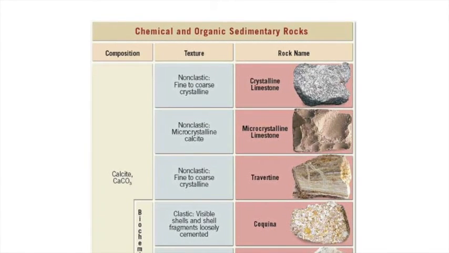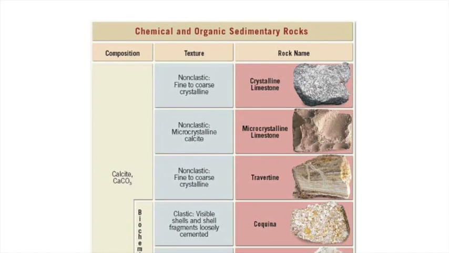So the first one that we're going to look at is calcite, this calcium carbonate. And it depends on what you have. Remember, clastic rocks are made up of little parts of other rocks. So if it's laid down simply by lots of stuff dissolved in the water and then they settle out, that's non-clastic, okay? If you have very, very fine and crystally material, you'll have limestone.